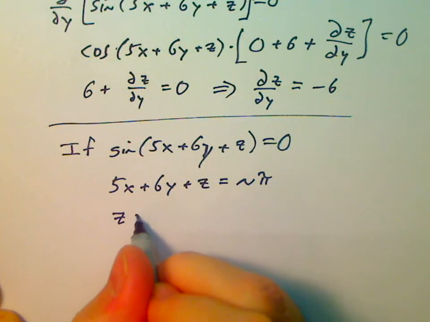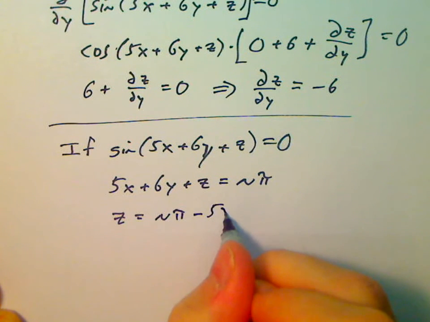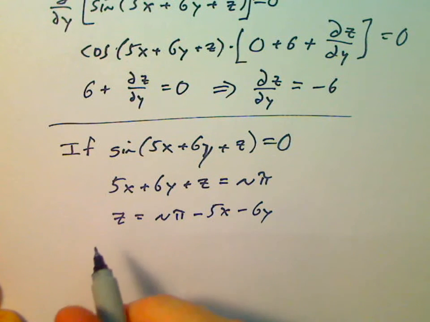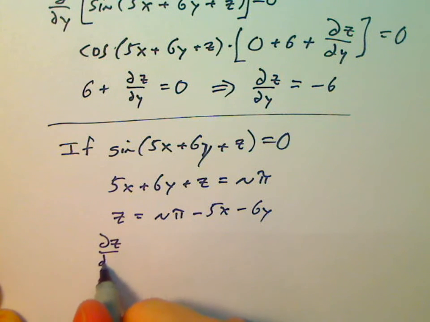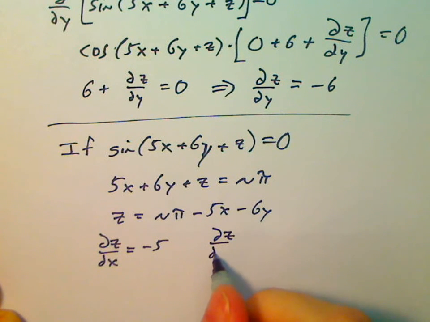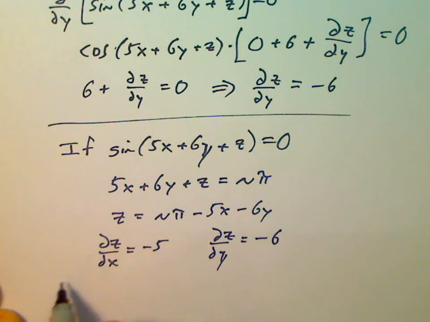So I could write z equals n pi minus 5x minus 6y, and then it's obvious partial z with respect to x is negative 5, and partial z with respect to y is negative 6. So either way, this is not a difficult problem.